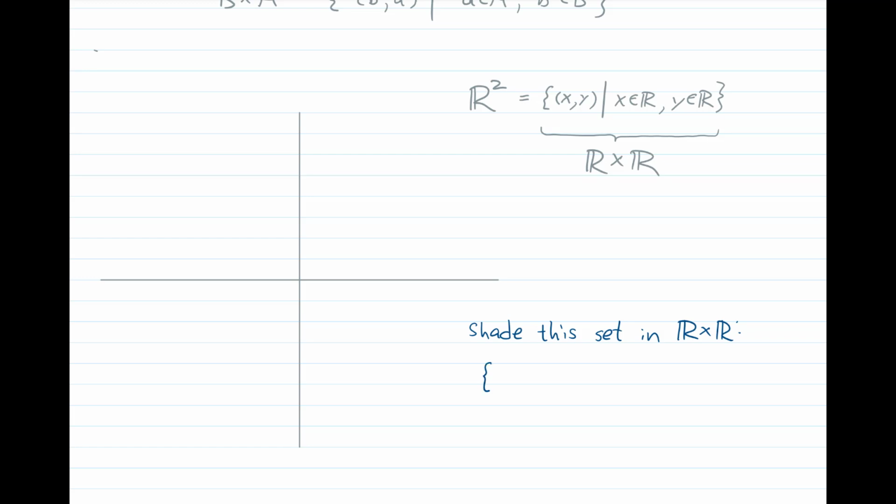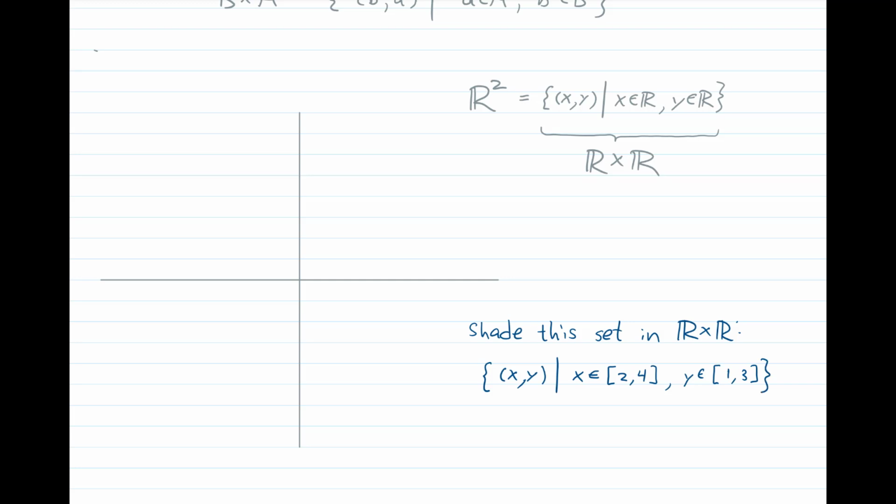Let's do the set of all ordered pairs (x, y) such that x is an element of the closed interval from 2 to 4, and y is an element of the closed interval from 1 to 3.